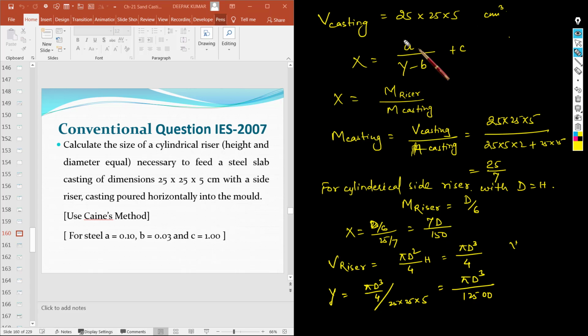Put it here in this equation and solve this equation. Because it is a d cube, and this will be d, it will be d to the power 4. So we will get an algebraic equation with exponent 4.